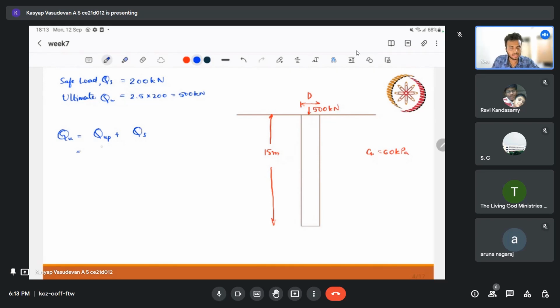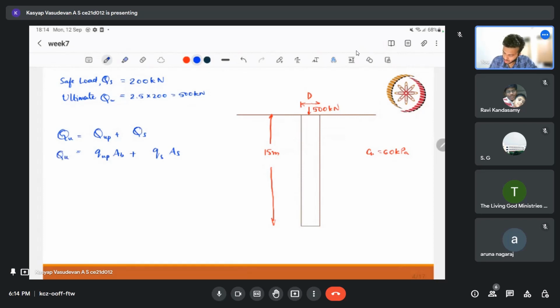Qup is nothing but the compressive, the bearing capacity of the soil at the tip, right? So at the tip of the pile, what is the bearing capacity? We have Ab plus the shear strength of the interface between the pile and the soil, and As, that is the area which is undergoing shearing. So this is a basic formula.